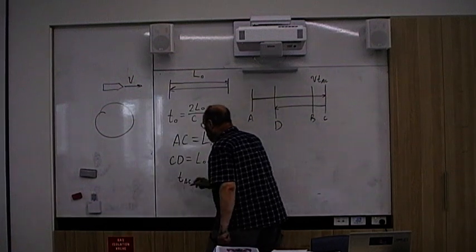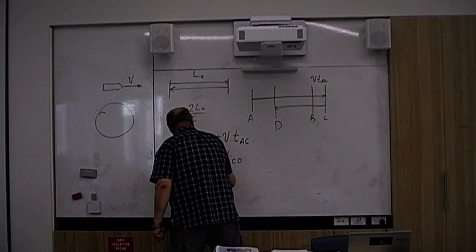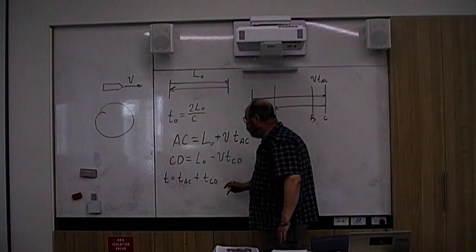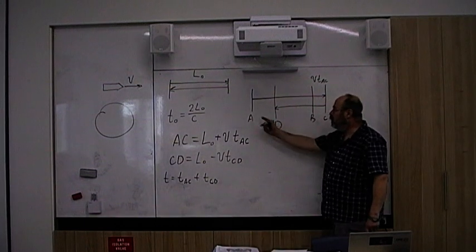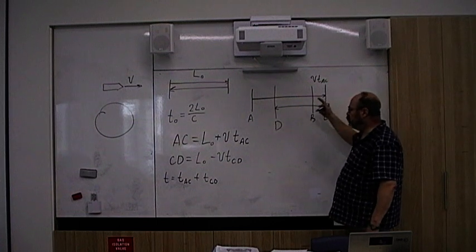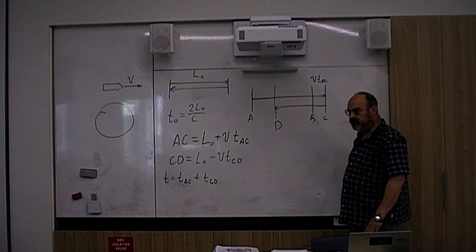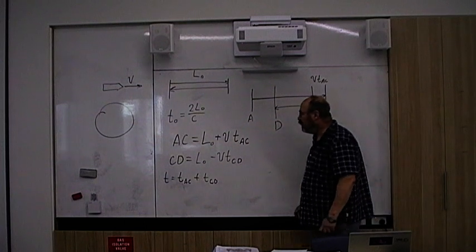The total time will be TAC plus TCD. That will be the total time observed by the person on Earth. Light came from A to C, and then from C to D. Just add those times.